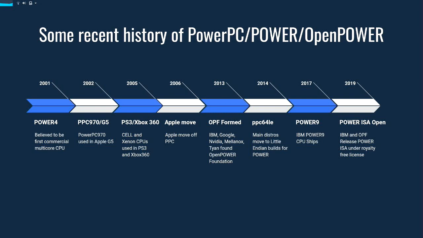But that's also the point where, because Apple was no longer using PowerPC devices, a lot of the public visibility of Power went away. Hence my earlier rather tongue-in-cheek reference to its death.